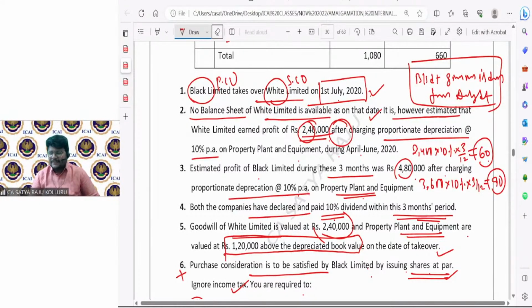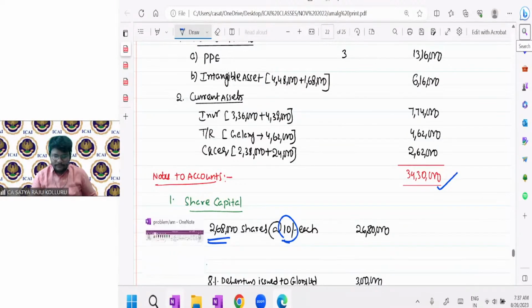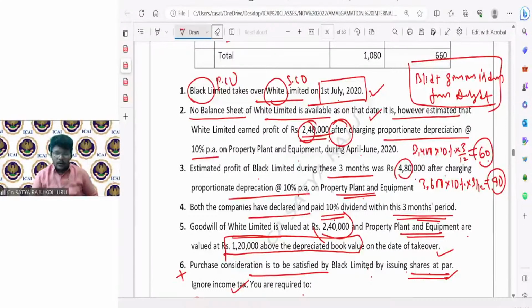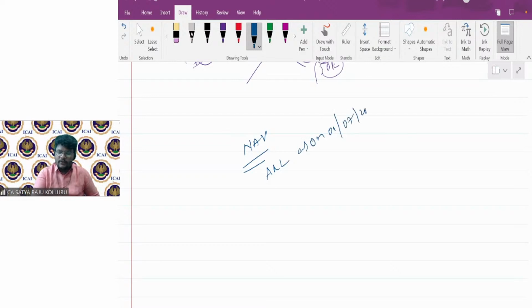NAV method, guys. Sir, to adopt the NAV method, what do I require? I require assets and liability status as on 1st July 2020 of White Limited.